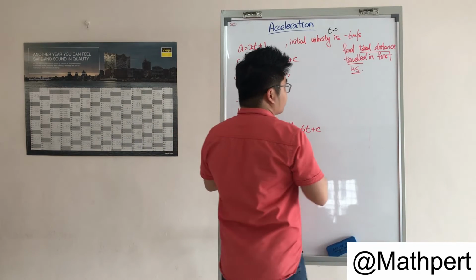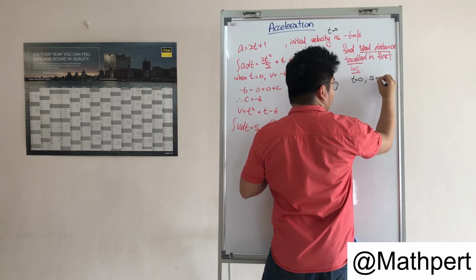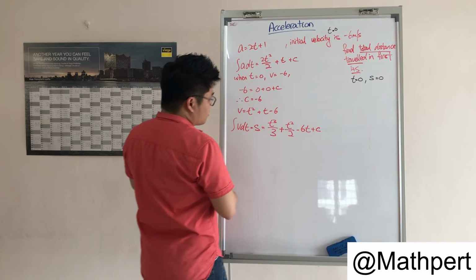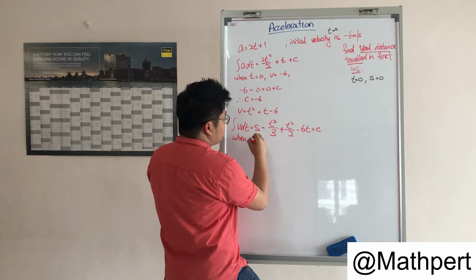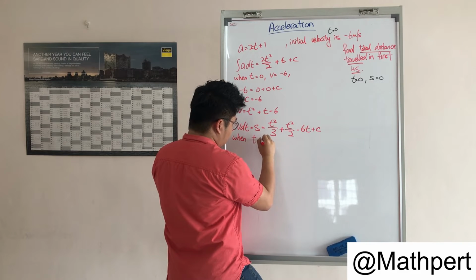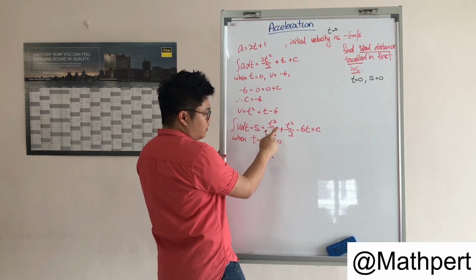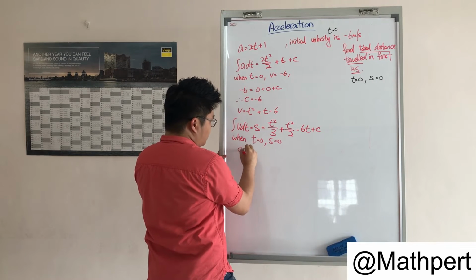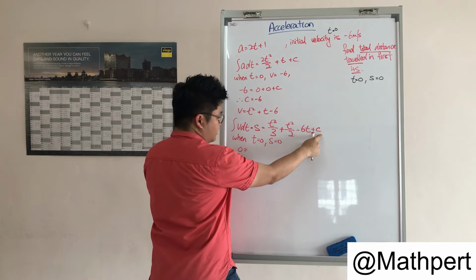So when t = 0, s = 0 as well. Let's substitute 0 into t and 0 into s, then we can find c.